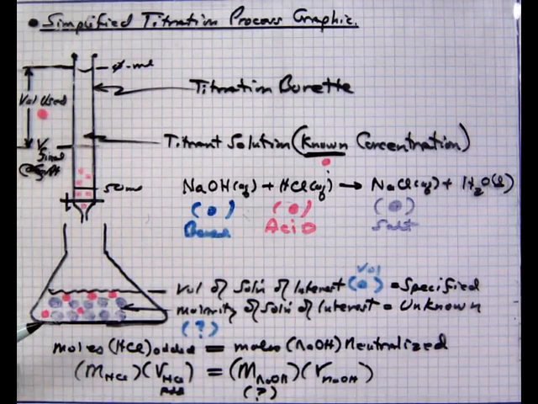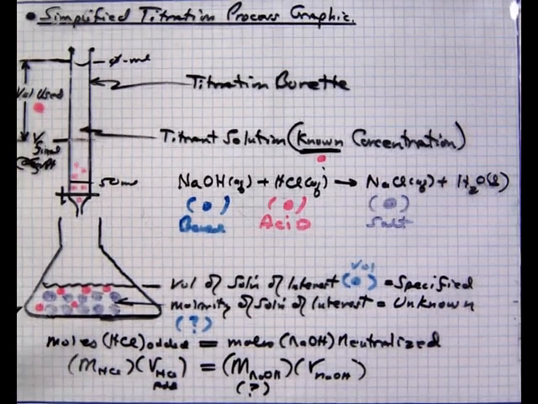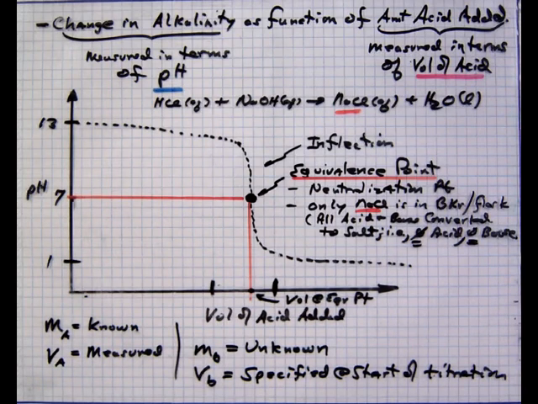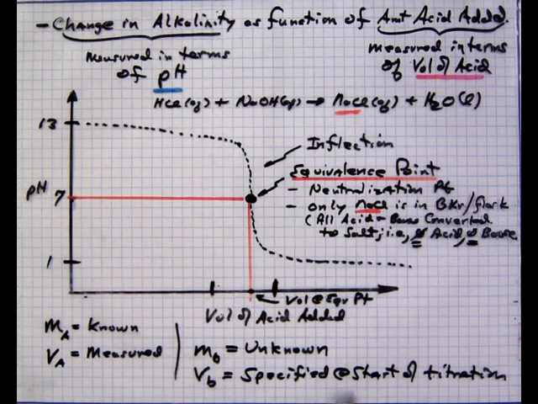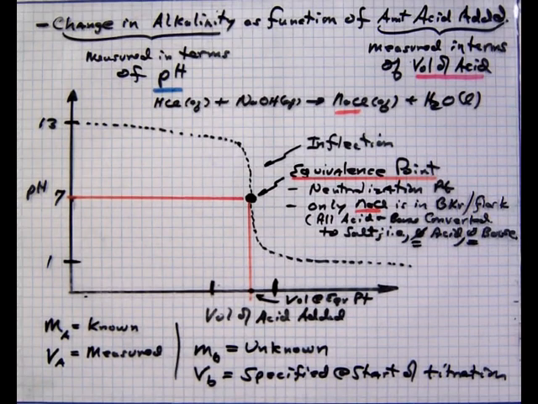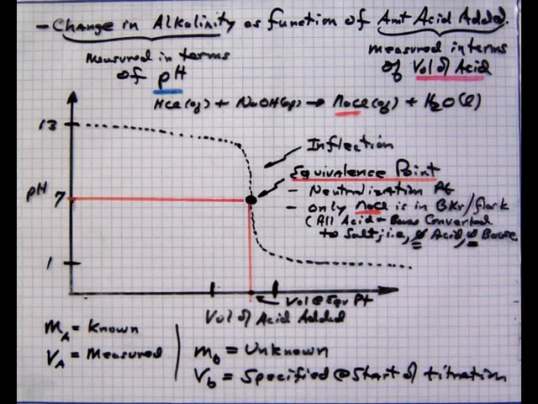Now you can calculate the moles of acid, and you specified what volume of base you put into the receiving beaker. And so all you have to do is calculate the unknown.